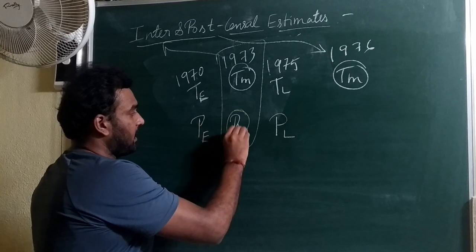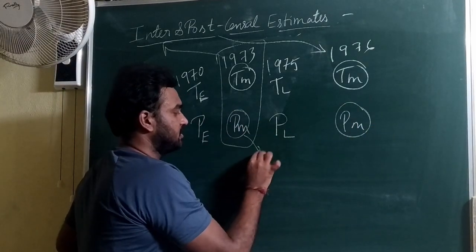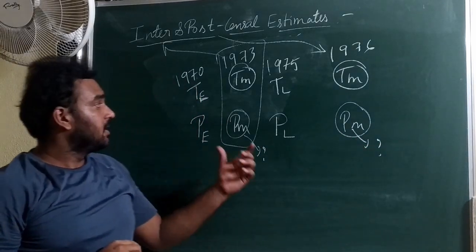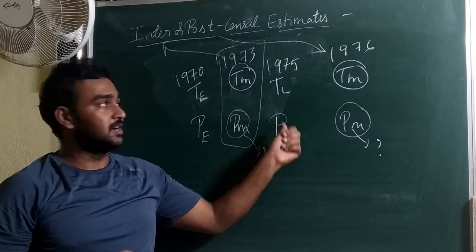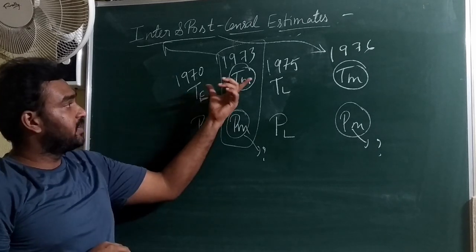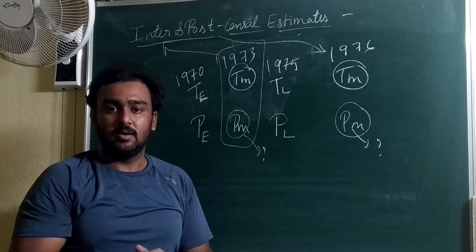So you need to calculate these mid-term or mid-year design populations using the arithmetic increase method and the geometrical increase method, considering these two sets of data, the last known census at any time and the earlier known census at any time. The difference might not be a decade or any conventional difference.